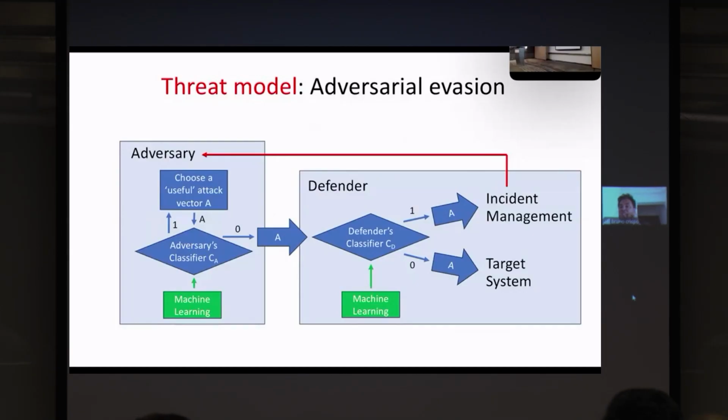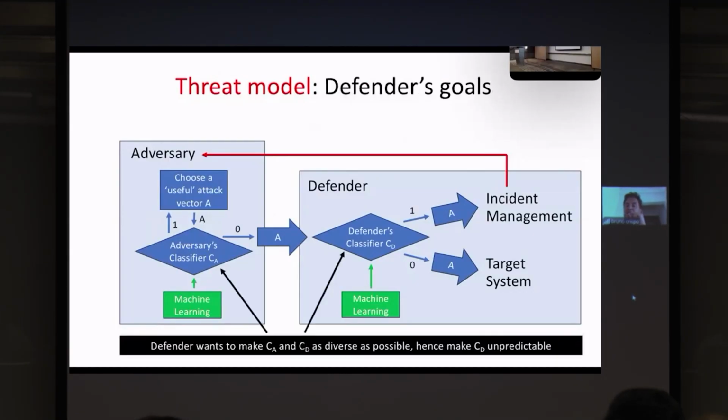So what is important here is that the defender has to do as much as possible to make his own classifier different from the classifier of the attacker. Or better, he cannot act on the classifier of the attacker, but he wants to make his classifier unpredictable, so the attacker does not know what classifier to build.